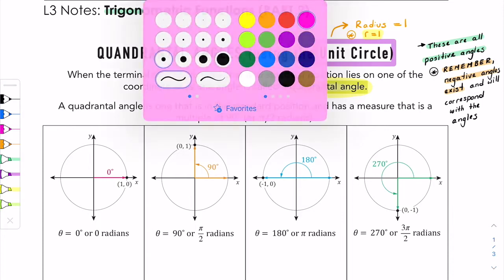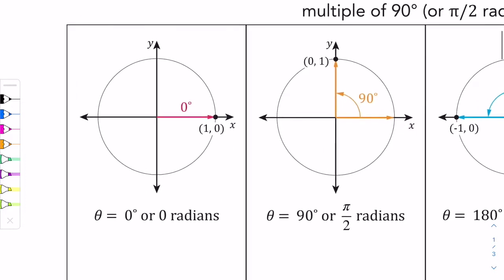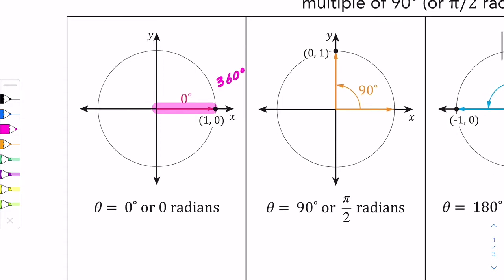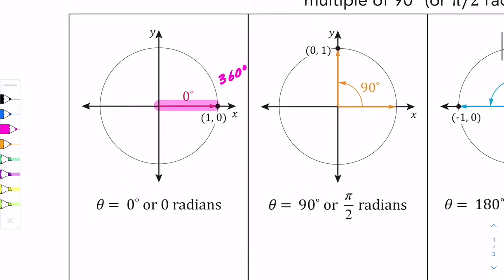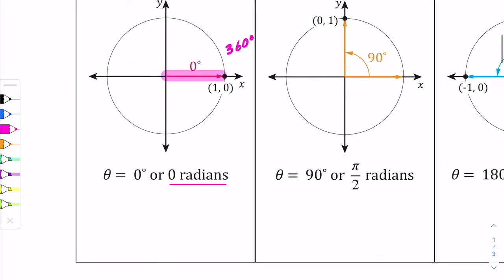If we start in the box all the way to the left, we're looking at 0 degrees. 0 degrees is also 360 degrees if you were to make one full rotation around the coordinate plane. And 0 degrees is 0 radians. However, 360 degrees is 2 pi radians.